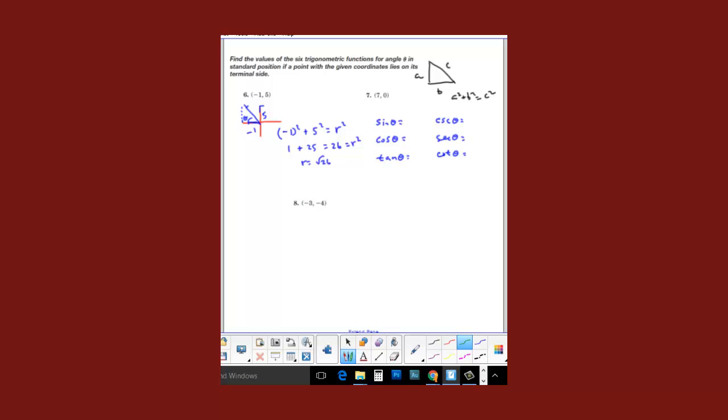Sine is 5 over root 26, so cosecant is going to be root 26 over 5. Cosine is -1 over root 26, so secant is going to be negative root 26. And tangent is 5 over -1, which is -5, so cotangent is going to be -1 over 5.